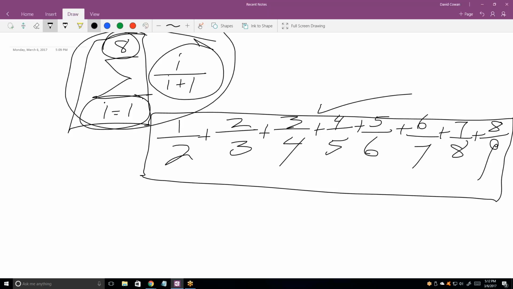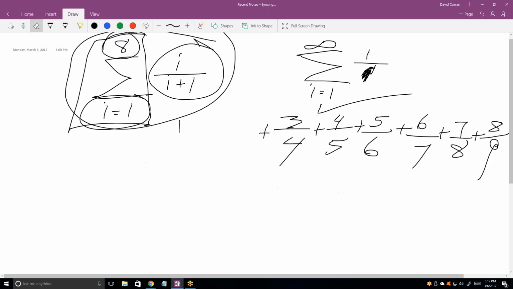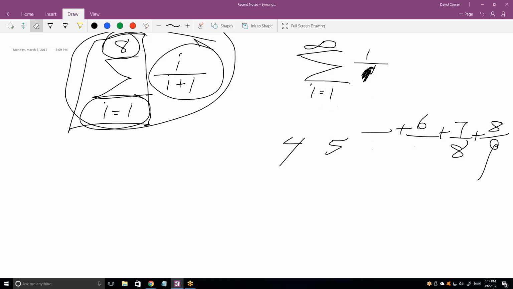Now, sometimes these sigmas go to infinity, like that. Okay, something like this. Or, excuse me, 1 over I. This is an extremely interesting series.